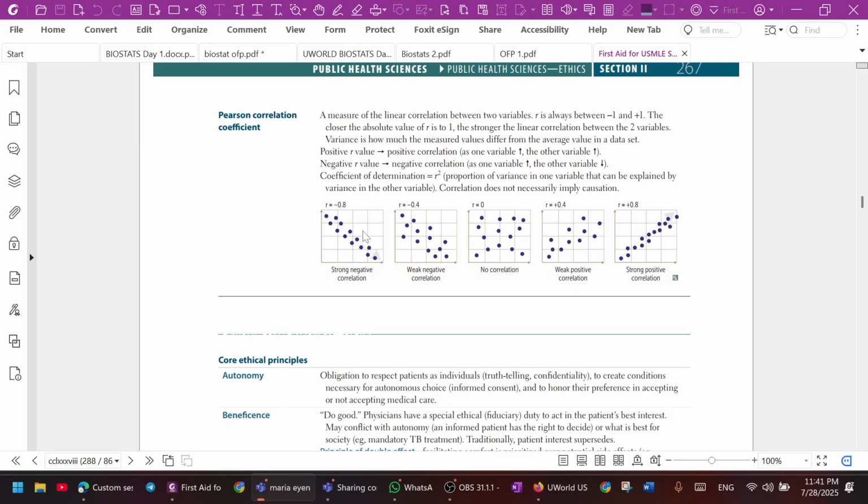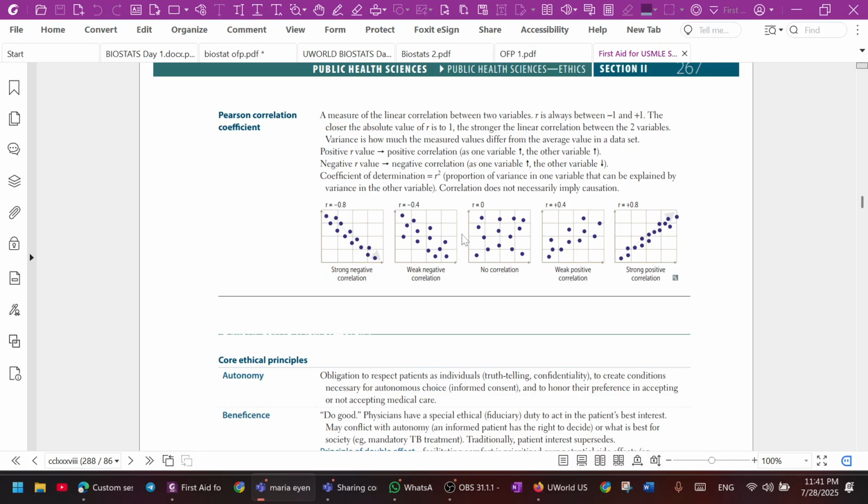And it is strong or weak based on the arrow direction. Look at the arrow direction and look at the dots. If the dots are closer to the arrow, then it is strongly correlated. If the dots are not following the arrow direction, like if they are slightly scattered, then it is weakly negative correlation.